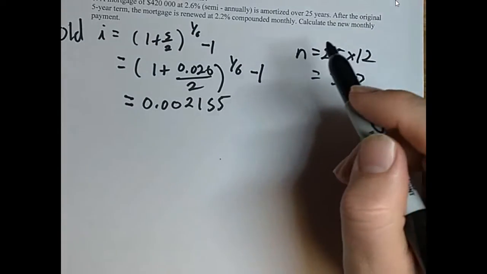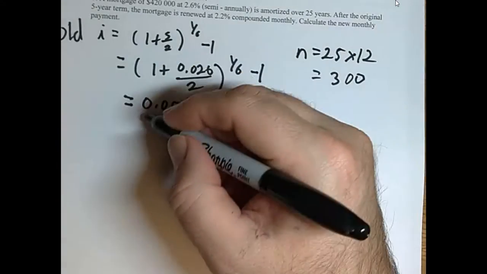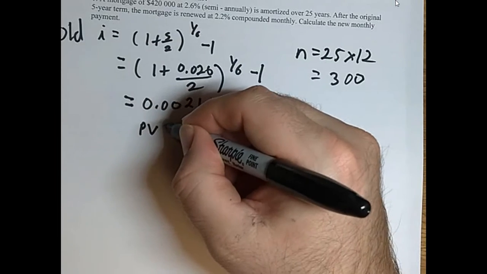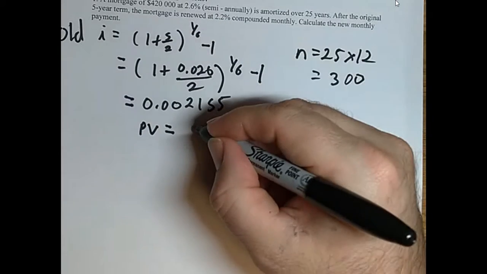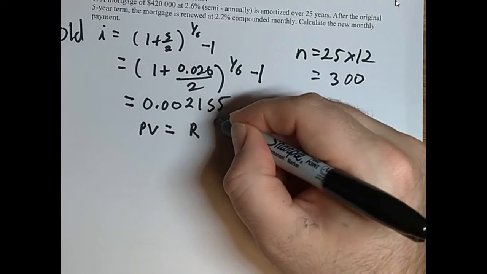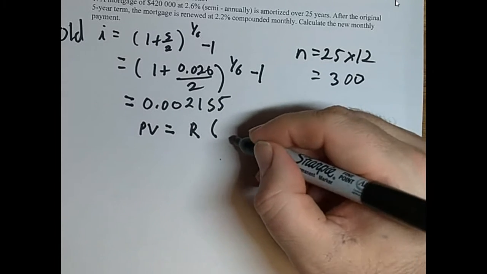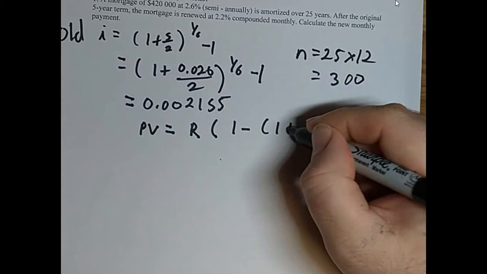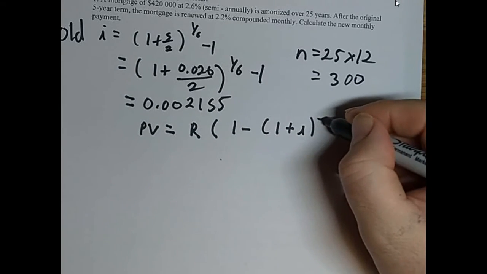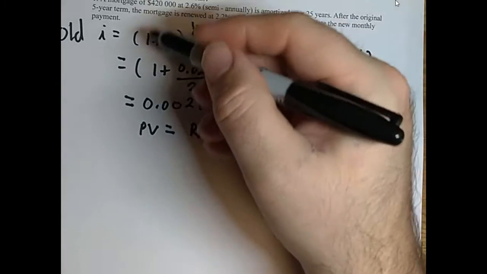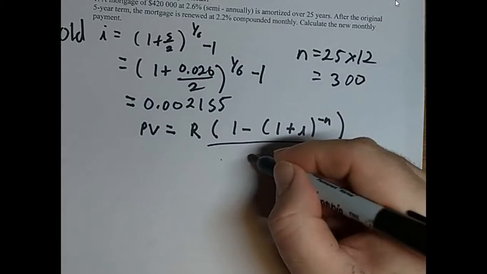Step 3, use the PV formula to find the payment. This is all old still. So we're going to use the PV formula to find our current payment, R. This is all old, so we're going to find everything for the old one first.